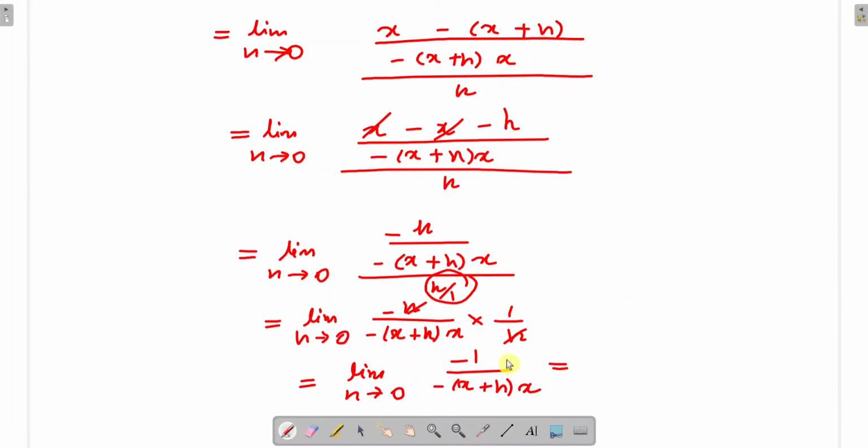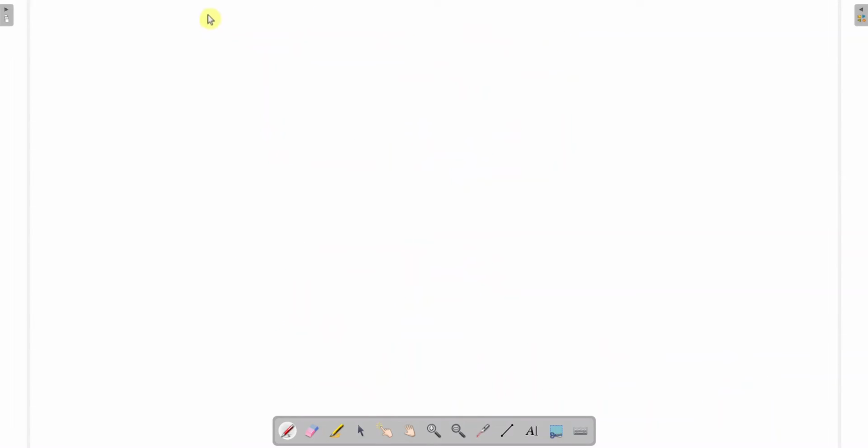So this will be equal to, now minus and minus will get cancelled, you will get limit h tends to 0 of 1 by x plus h, multiplied by x.